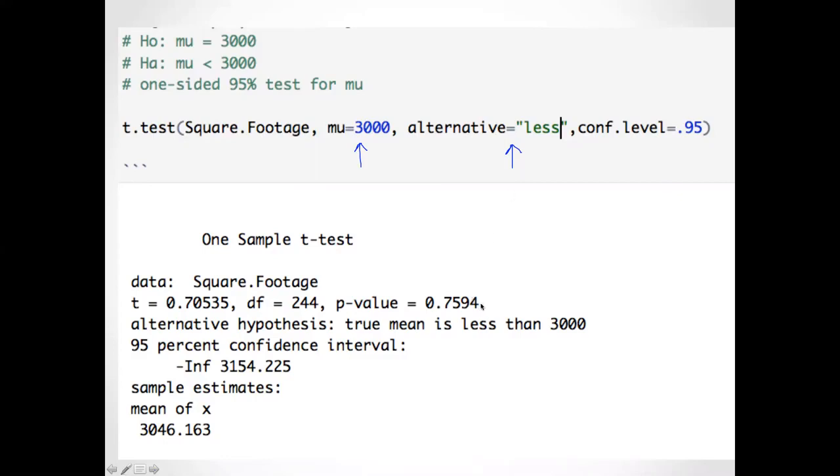The results below indicate a p-value of 0.759, roughly, which is not less than 0.05, it is greater than 0.05. And when that is the case, we would fail to reject, or do not reject, the null hypothesis.